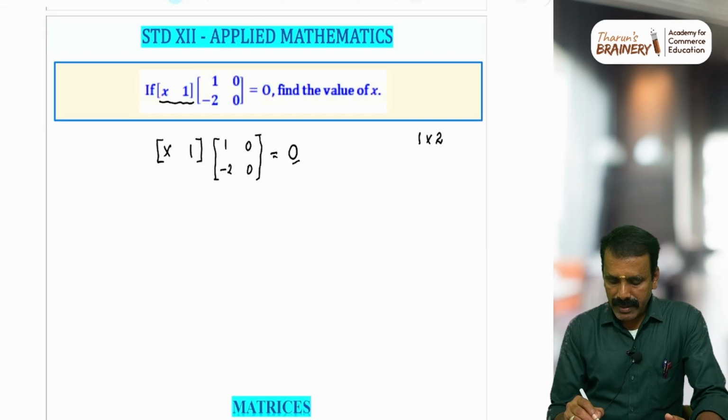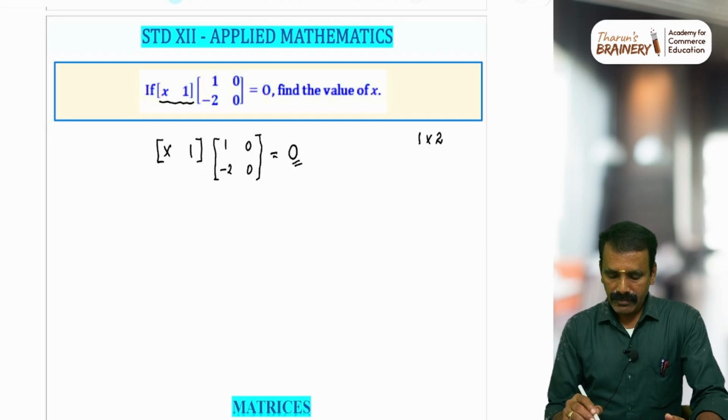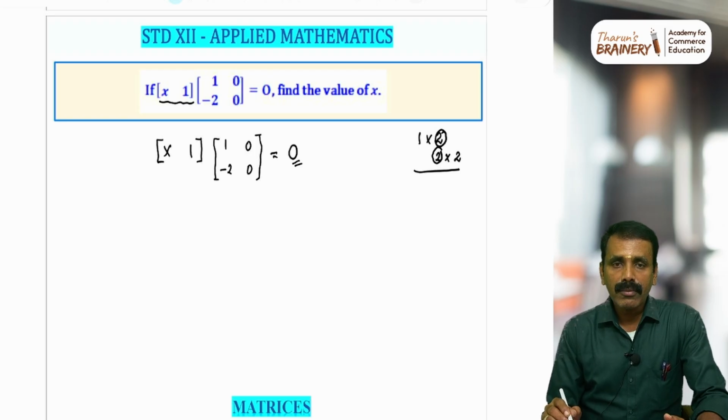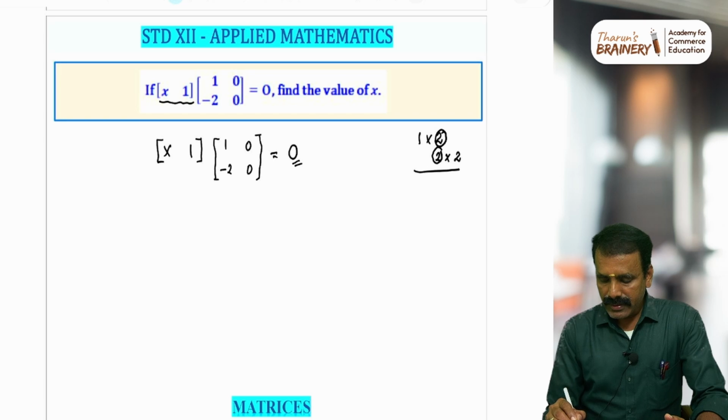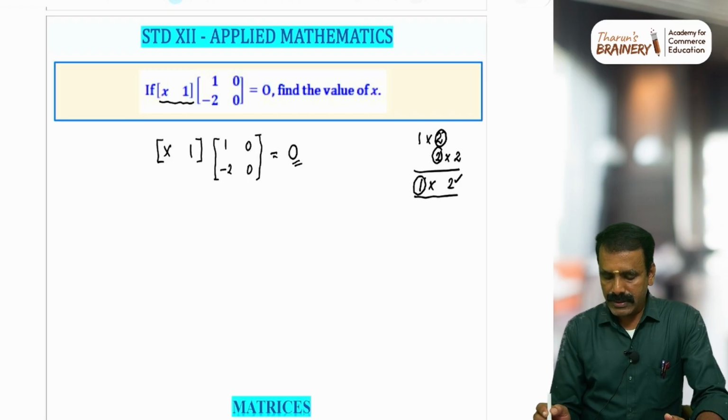So what is the order of this matrix? We have to consider. The second matrix is of order 2 by 2, 2 rows and 2 columns. So the number of columns in the first matrix is equal to the number of rows in the second matrix, so we can multiply both the matrices. The resultant is going to have order 1 by 2, that is, 1 row and 2 columns.